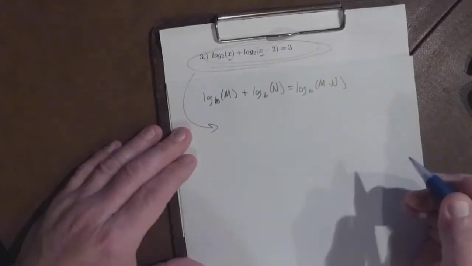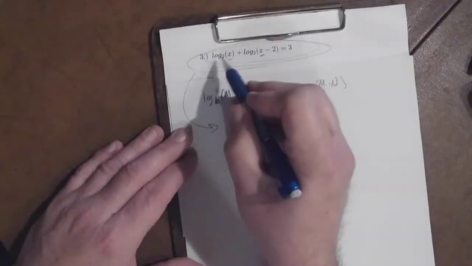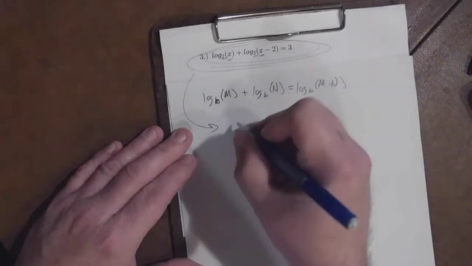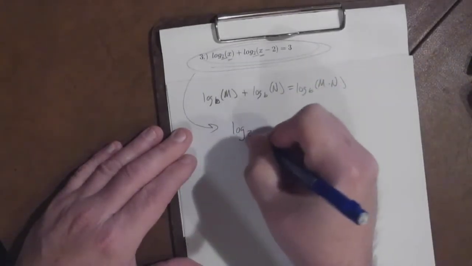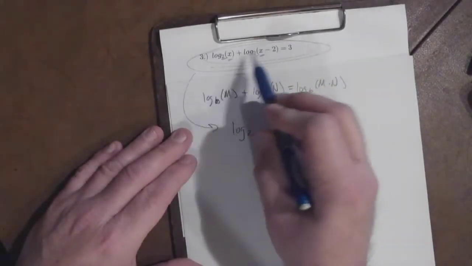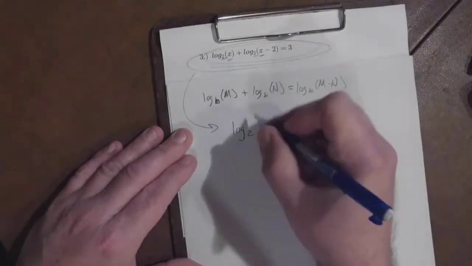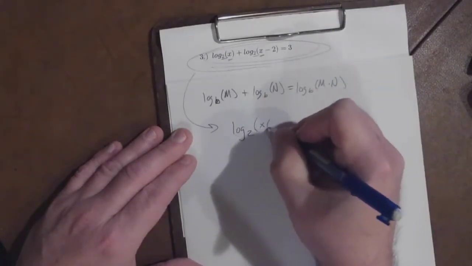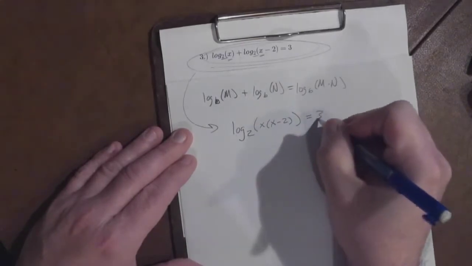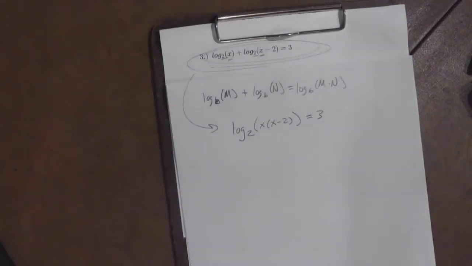So if I apply this property down here, we're dealing with logarithms of base 2. So this is going to turn into a logarithm of base 2 as a single logarithm, where with those arguments of the logarithm, I'm going to want to multiply them together inside the argument of the single logarithm.